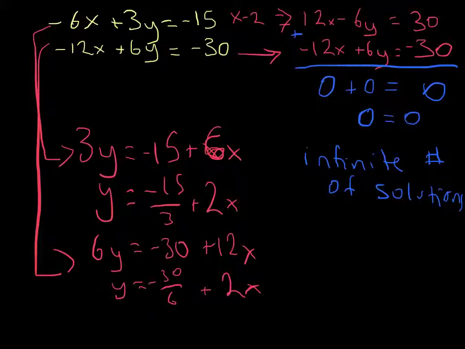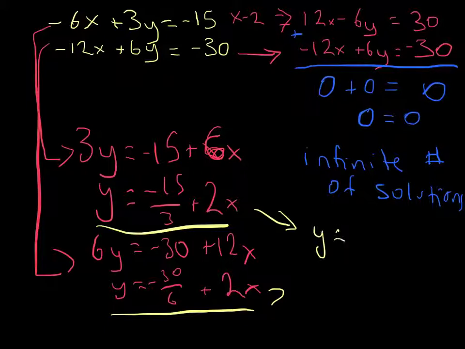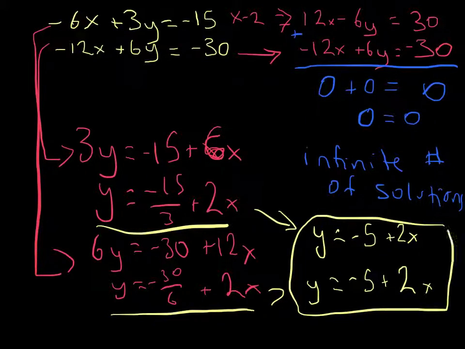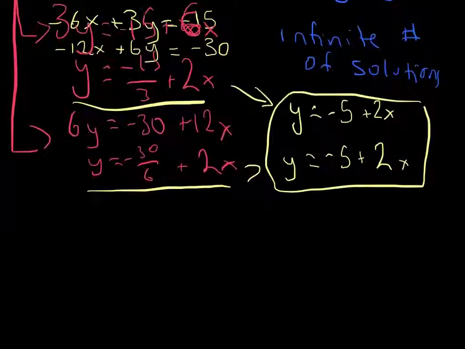And then we have these two equations, and I'm just going to rewrite the -15/3 as -5. And then -30/6 as -5. And we can see here that we have the same exact equation. So that's why we have an infinite number of solutions.